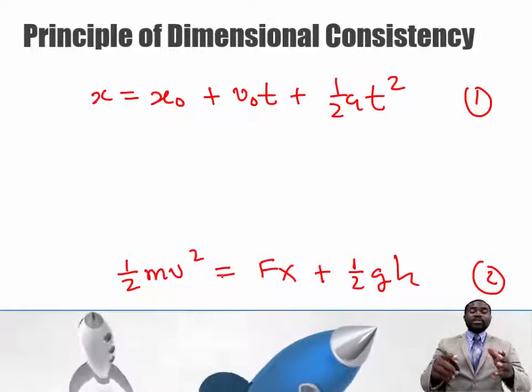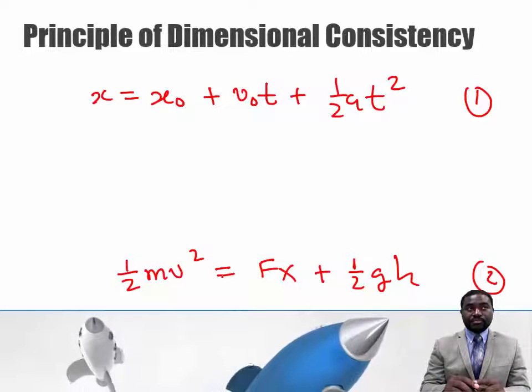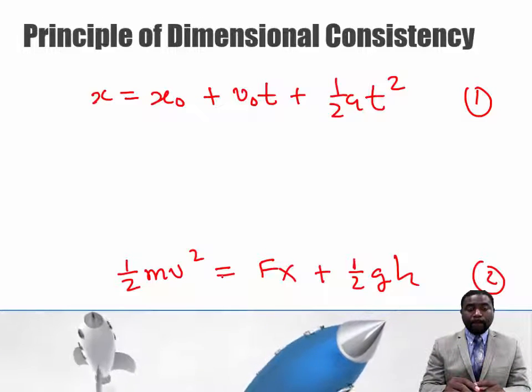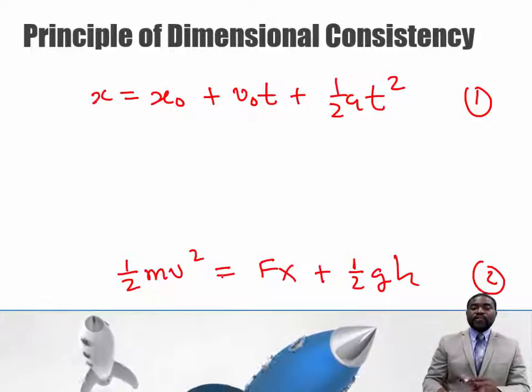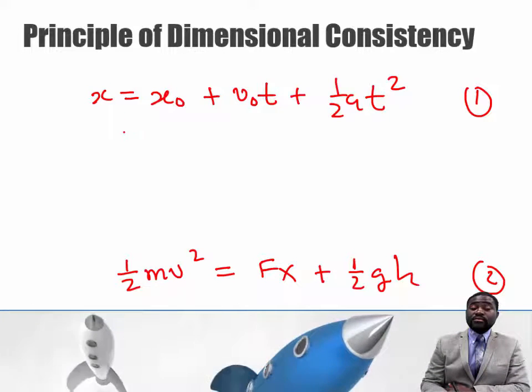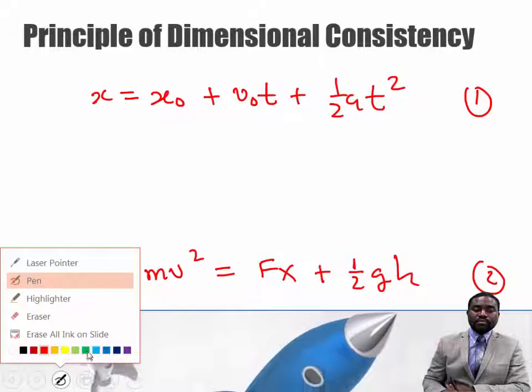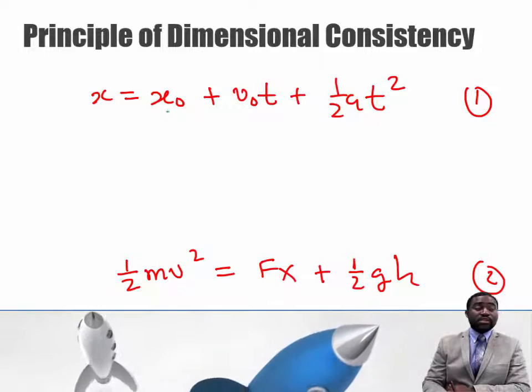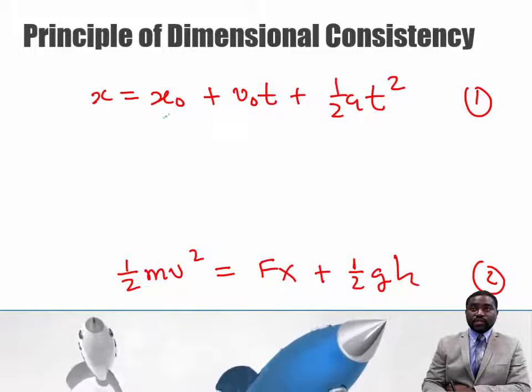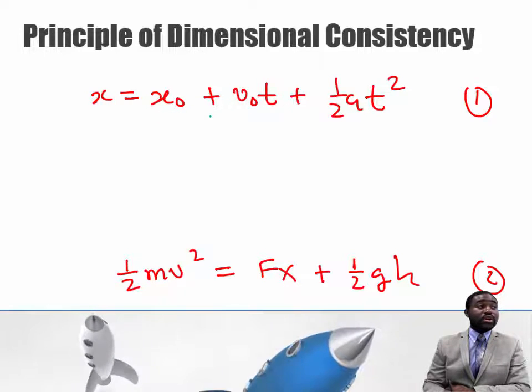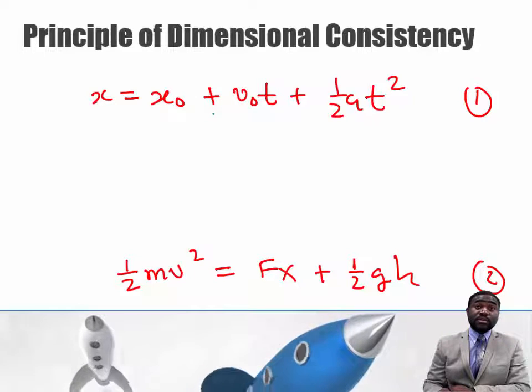Let me demonstrate how to use this here. If this equation is correct, then what that means is the dimensions of all of these terms added and equated together must be the same, right?